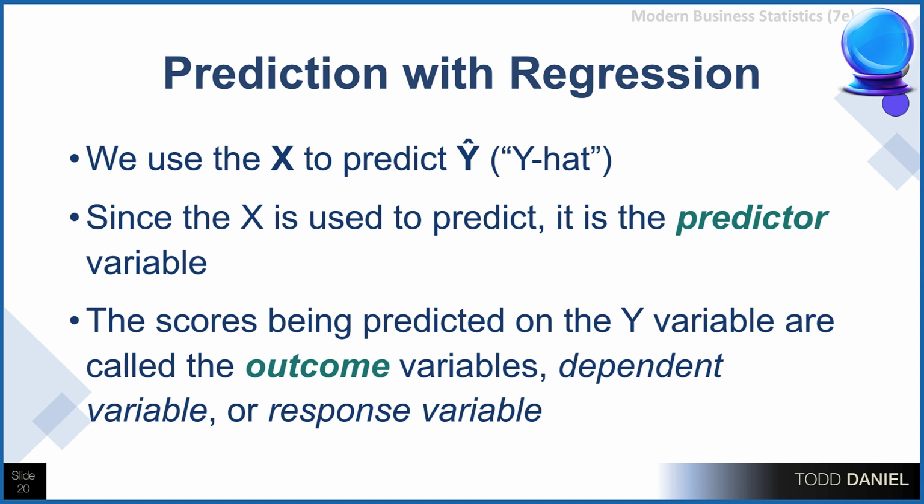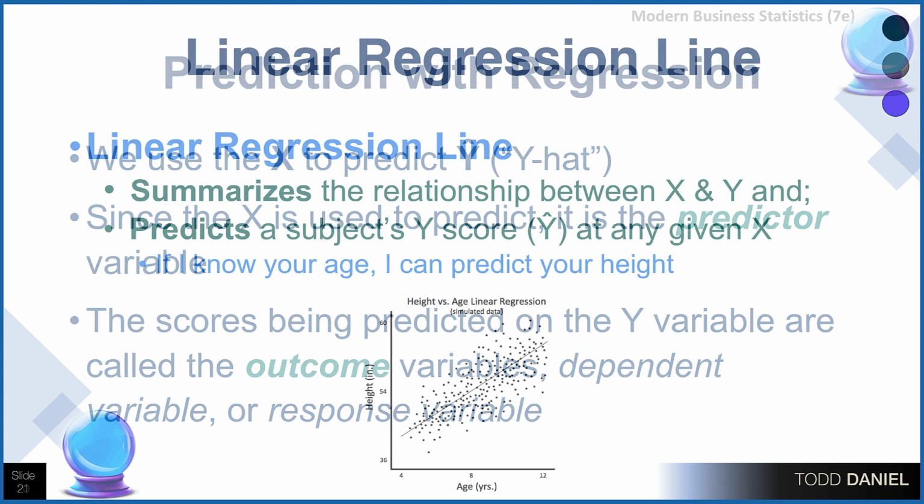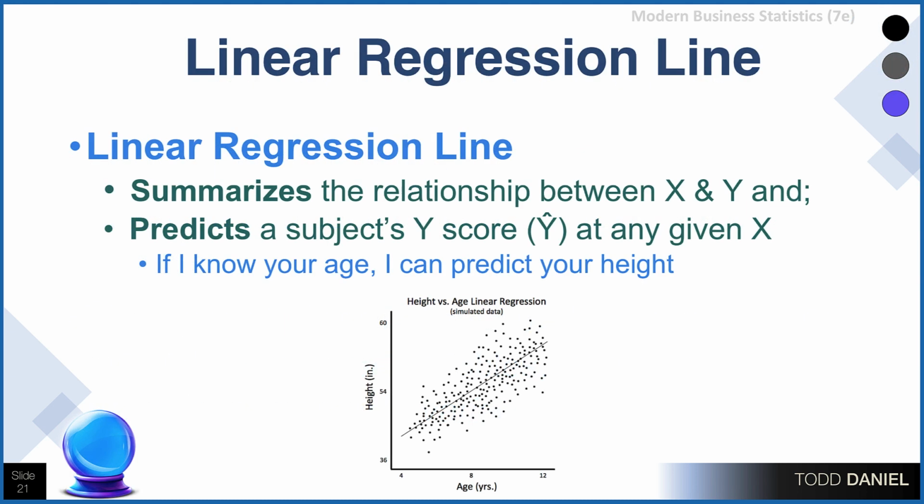Now, since the X is being used to predict, we call it the predictor variable. The scores that we are predicting, the Y variable, would be called an outcome variable, a dependent variable, or sometimes a response variable. The linear regression line, that straight line running through the cluster of the dots, summarizes the relationship between X and Y. And it is what we will use to predict any subject's Y score, Y hat, at any given X value.